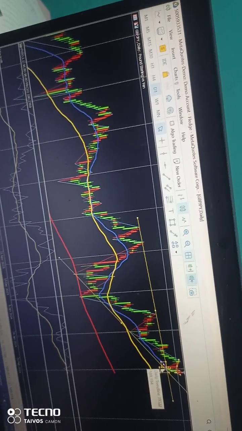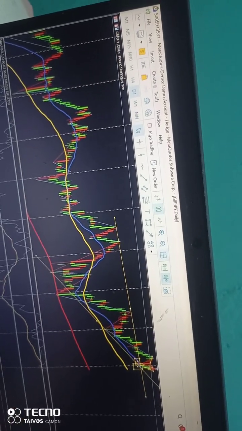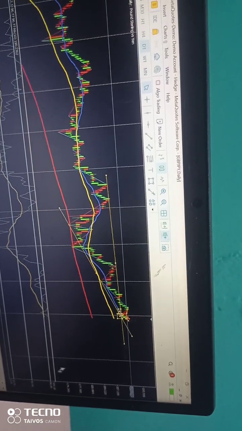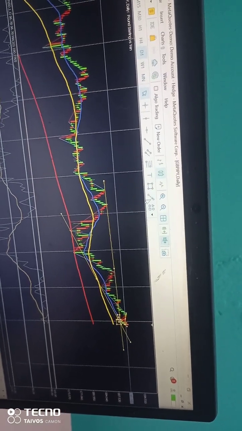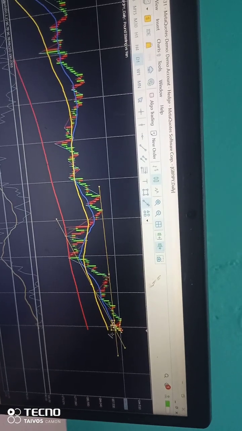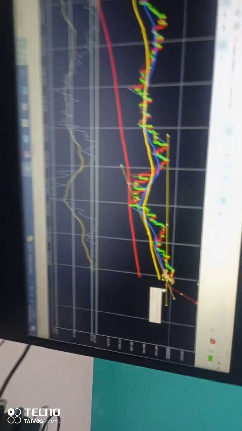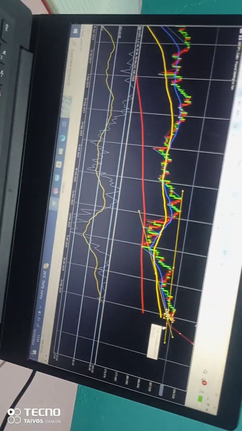I know there is a high possibility that this market is going to continue going upward, because I know the direction of the market. That is why even at volatility, once I know direction, I am not worried.